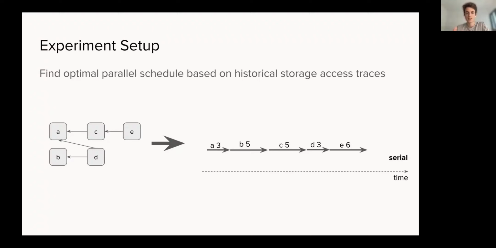But based on this perfect information about the dependencies between transactions, we can derive an optimal parallel schedule. In the figure, we derived an optimal schedule for 2 threads for these 5 transactions. And we compare the execution time of this schedule to that of serial execution.